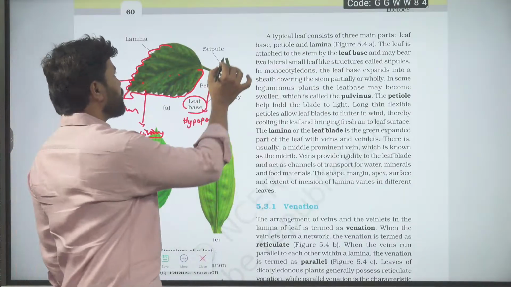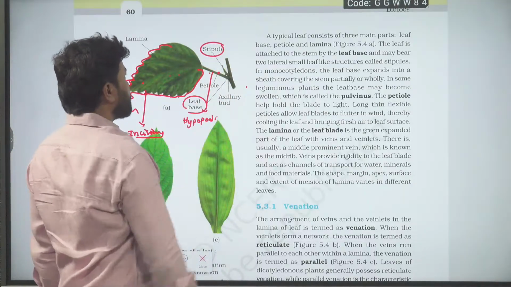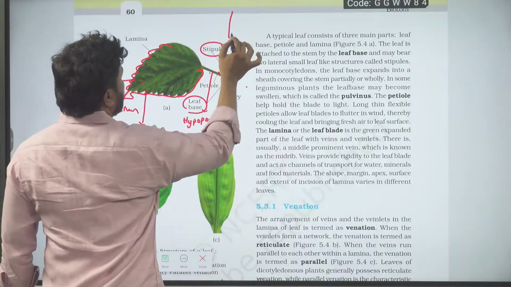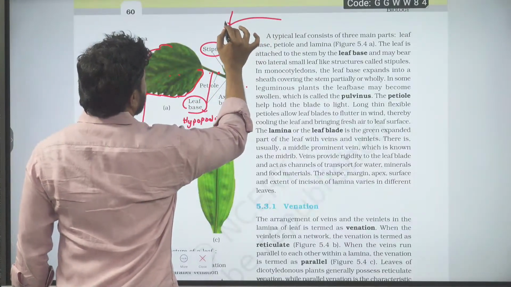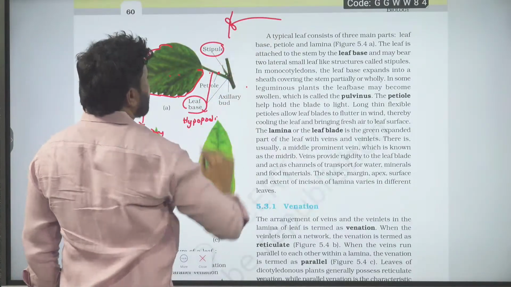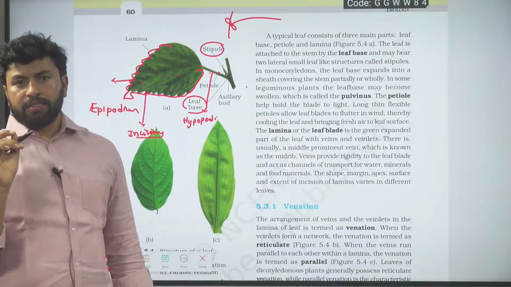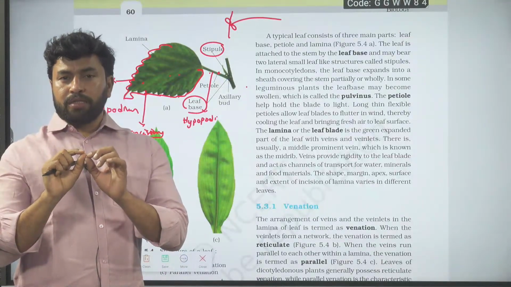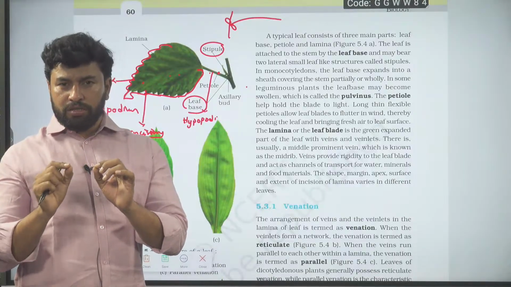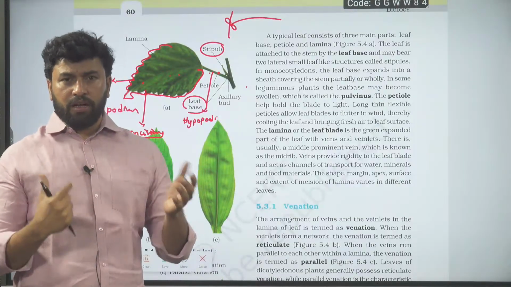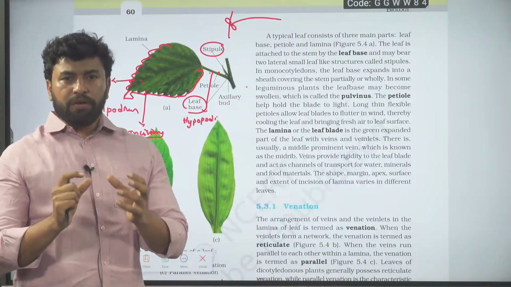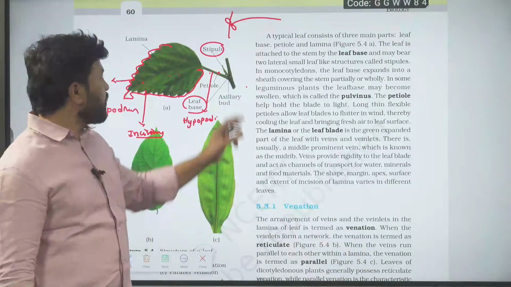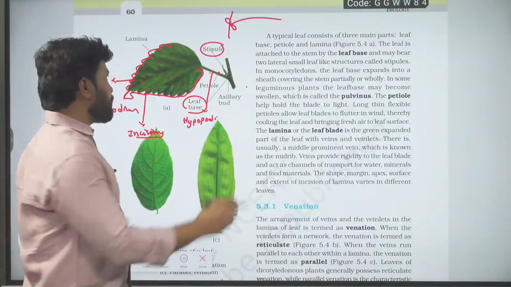Then come to stipules. Remember, on both sides of the leaf base, some leaves have small fine structured bodies, sometimes like tendrils, sometimes thorns, and sometimes soft. They are not always soft. Various shapes will be there. Anyhow, these parts are called stipules.